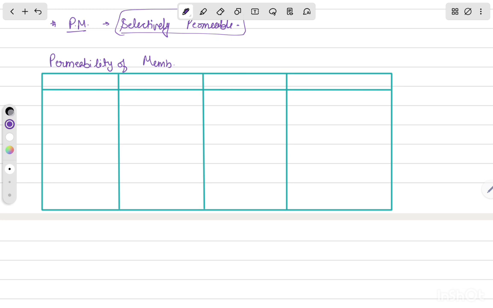Here we will write permeability for solute and solvent.